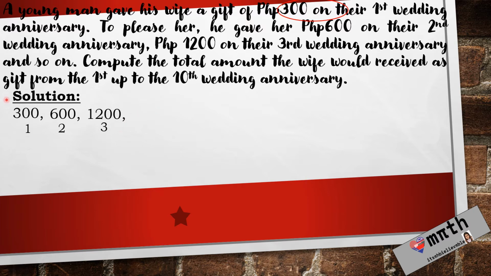Based on this list, let's identify first what kind of sequence this is. We can notice that every year, the amount from the previous year is being doubled, or multiplied by 2. So we can say that this is a geometric sequence.